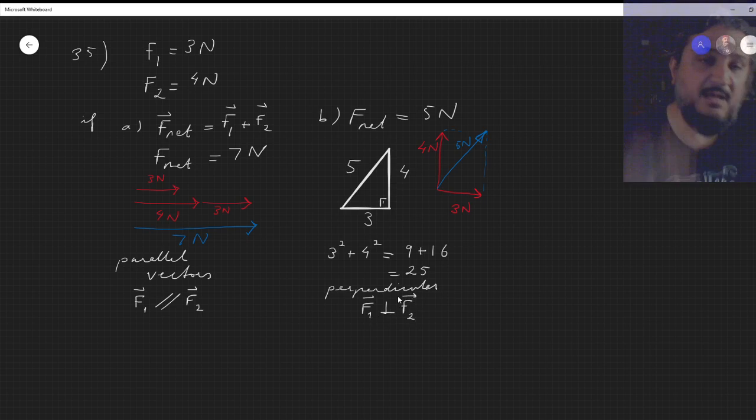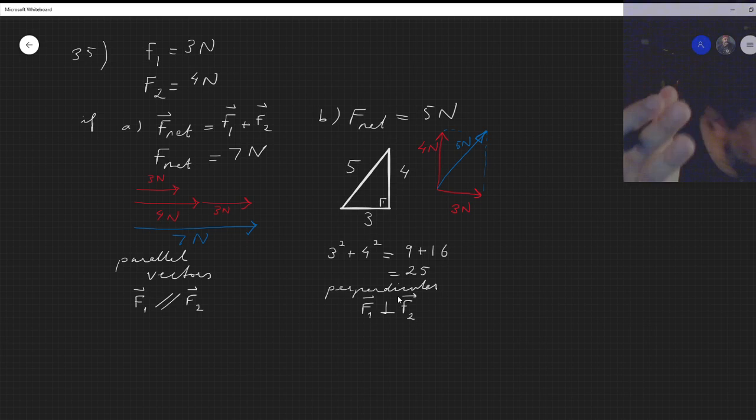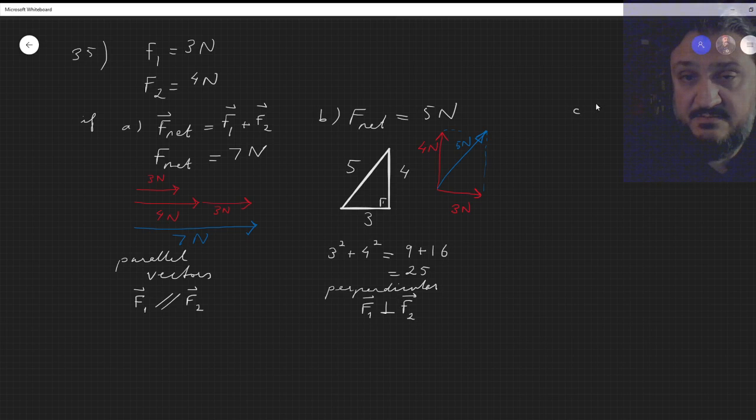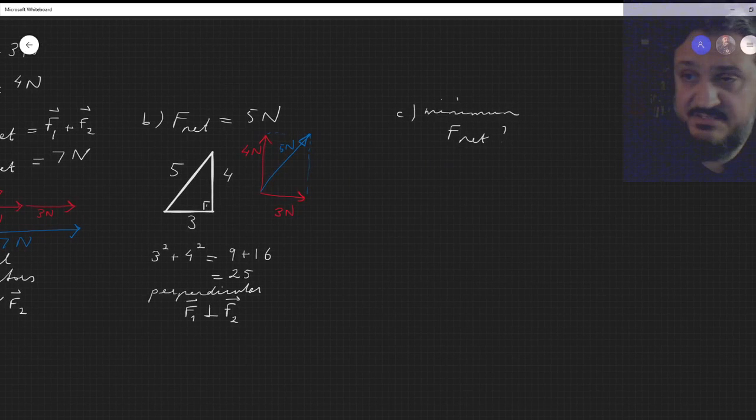Okay, so let's read part C again. What relationship between the directions gives the smallest magnitude net force, and what is this magnitude? So, minimum F net. How can we obtain minimum F net? I think I just told you. What if they are in the opposite directions? So we have, let's say, 4 newtons pointing to the right, and we have 3 newtons pointing to the left.